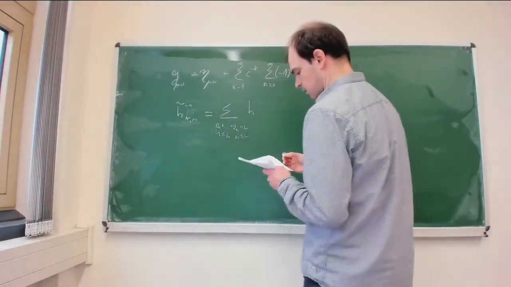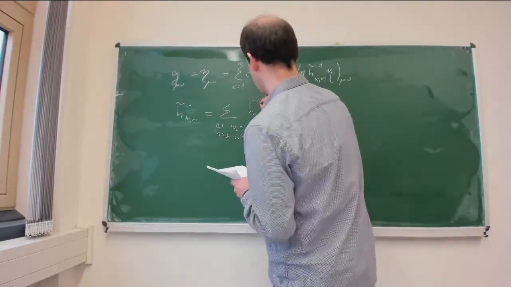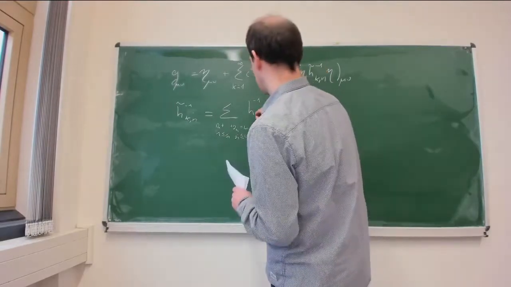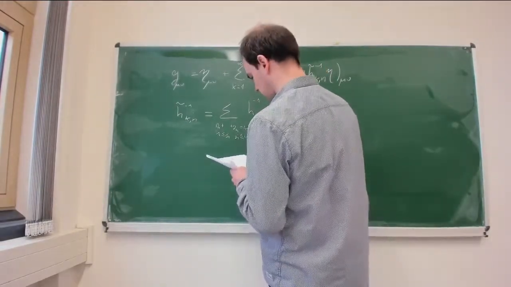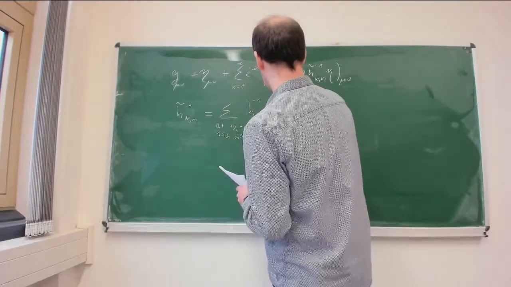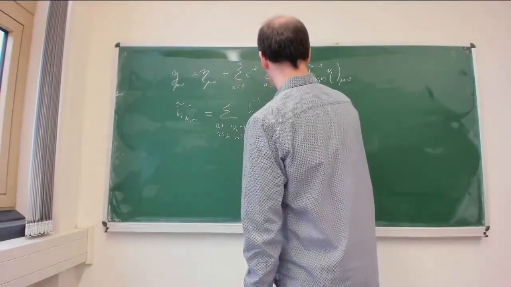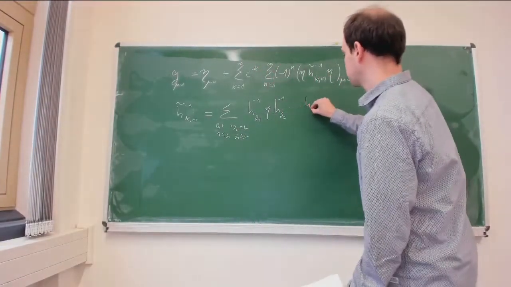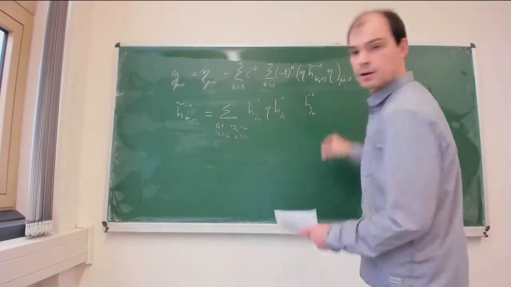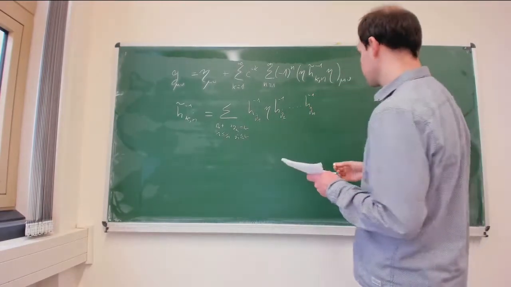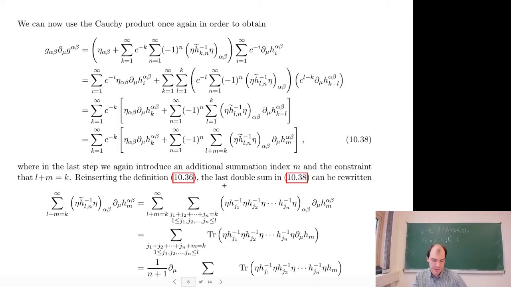And then it can be calculated the following way: h to the minus 1 j1 eta h to the minus 1 j2 and so on, h to the minus 1 jn. So once we have this, we have to use the Cauchy product another time to calculate this g alpha beta d mu g alpha beta term that appears in our term box 1.